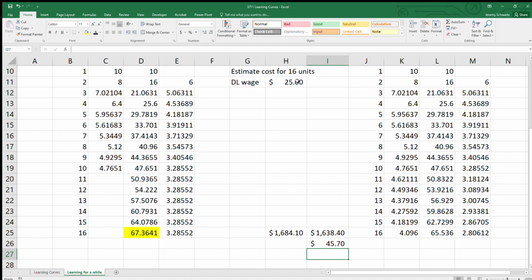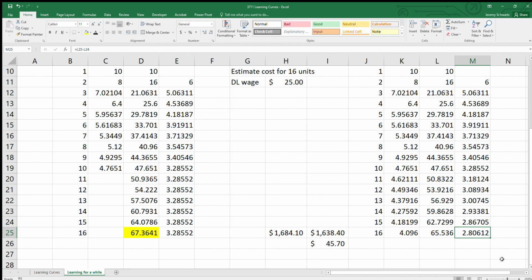But in some regard, if there is a learning process, you might be able to price your product in such a way that something that took 6 hours, in the case where we continue to have learning, takes less than half that time at an 80% learning curve rate.